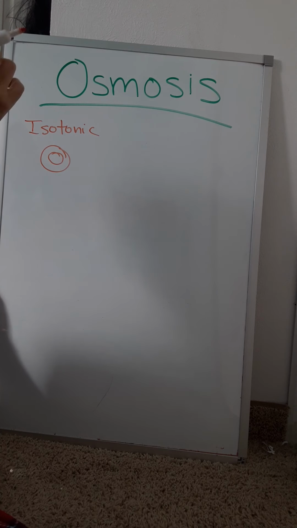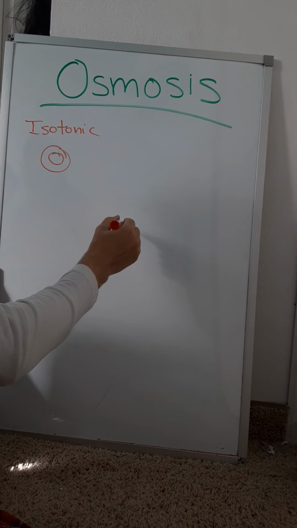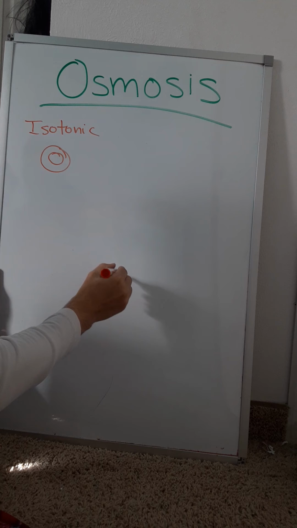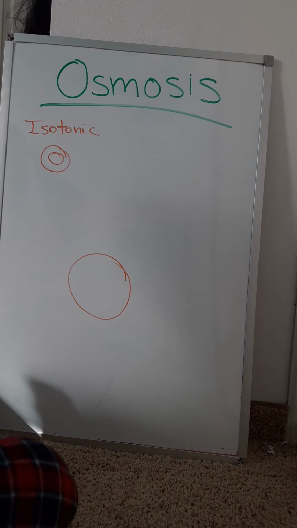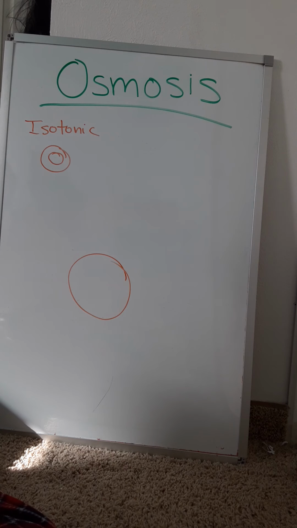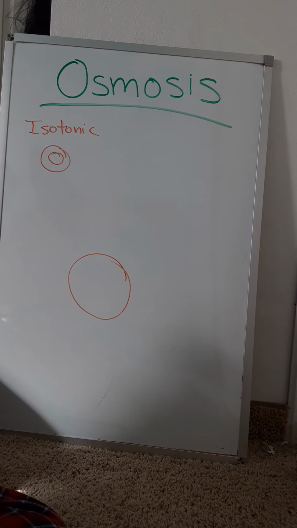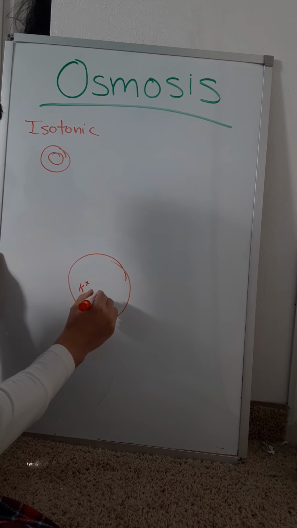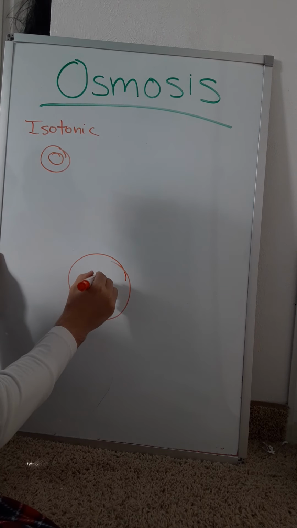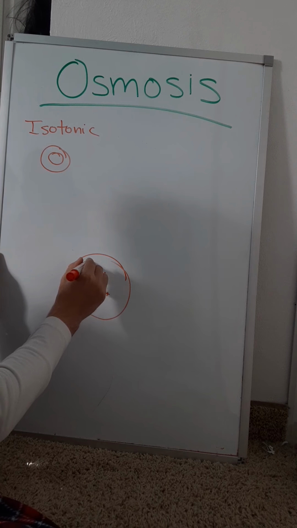So in a healthy cell, and in all cells in general, actually, let me do another big cell down here. This can represent any type of cell. I'm not going to draw anything in it because I've got to show you guys something. So in cells, you have potassium on the inside. It's heavy on the potassium on the inside.